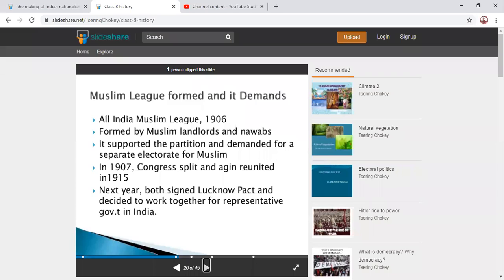Separate electorates were to be given to Muslims, in which Muslim voters would elect only Muslims, not giving opportunities to the Hindus. That was the demand raised by the Muslim League, and that's why they favored the partition of Bengal done by the Britishers. The British used the disunity to their advantage.